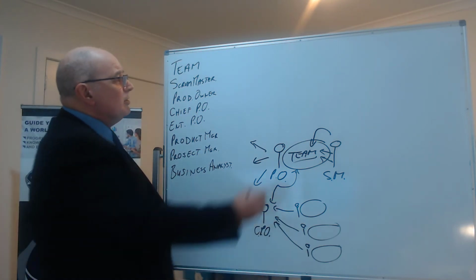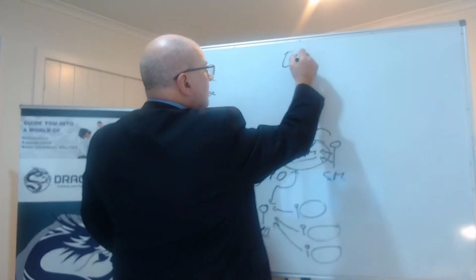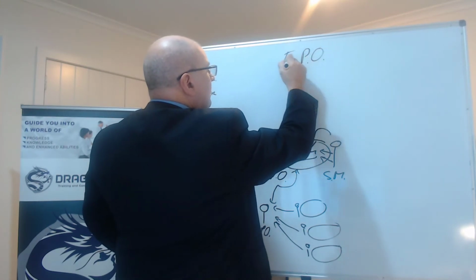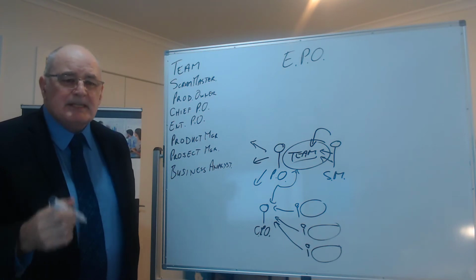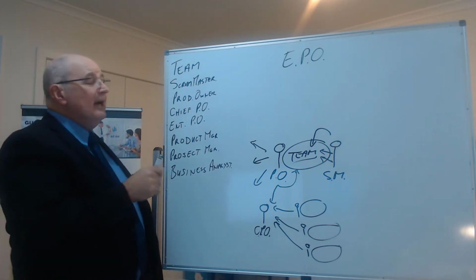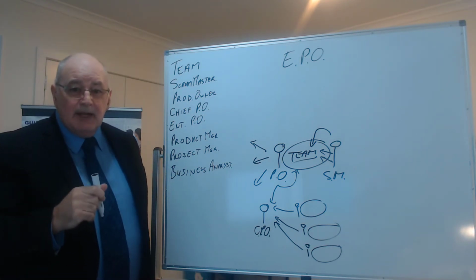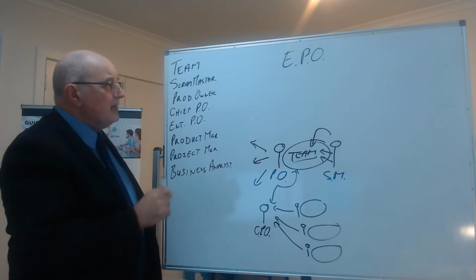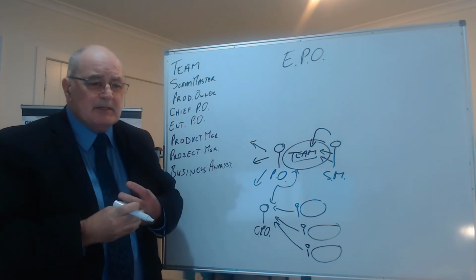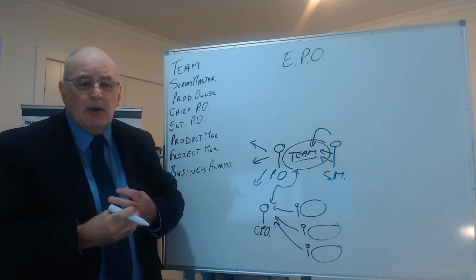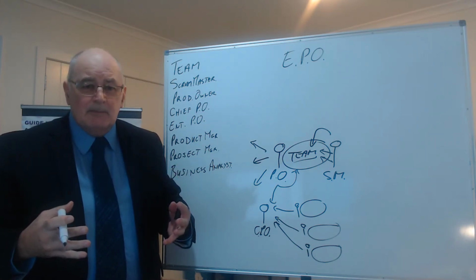And then you get something called an enterprise product owner. And now an enterprise product owner is a different beastie again. That is an executive level position, and it takes a look at all of the projects and all of the development and builds that are going on in the whole organization.